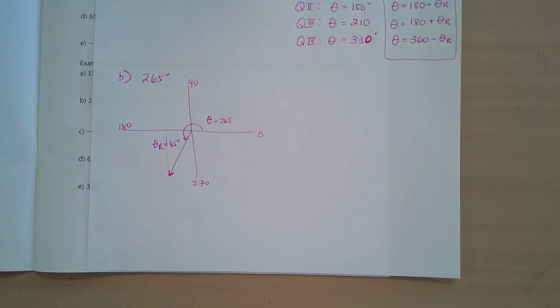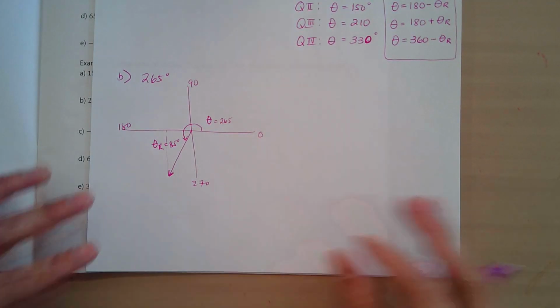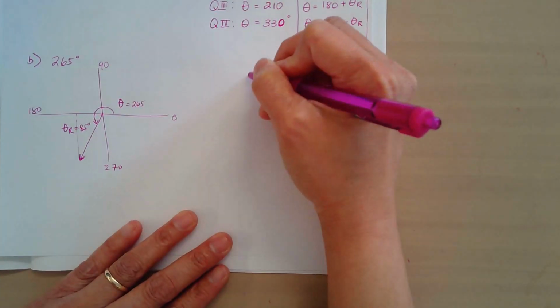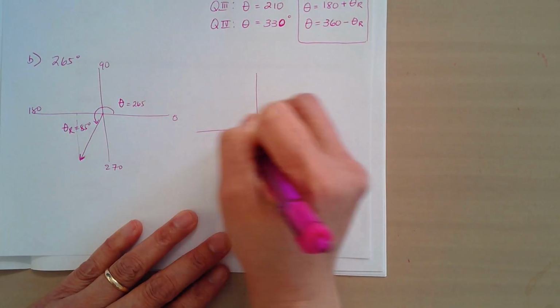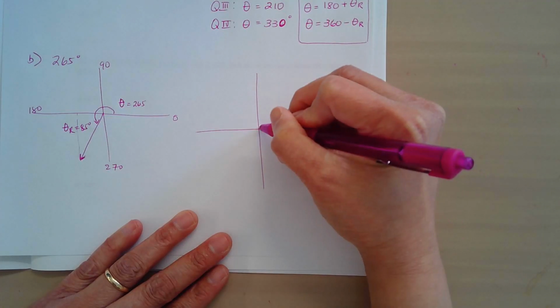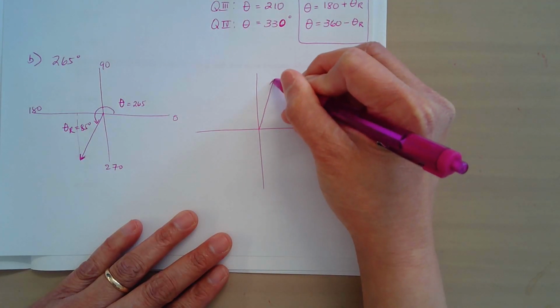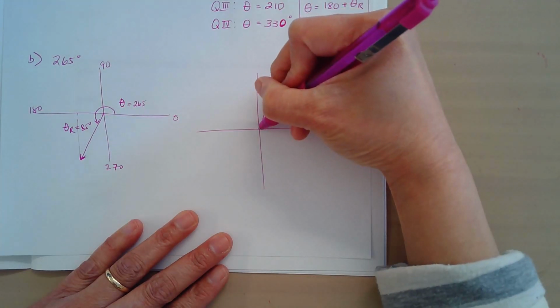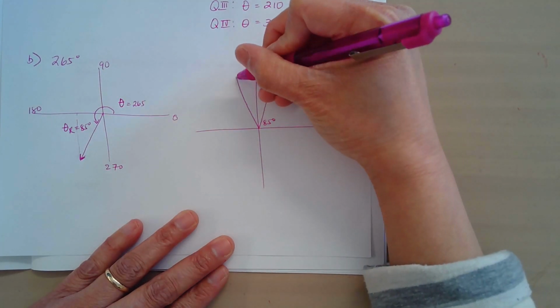So now we're looking for all angles that have a reference angle of 85 degrees. Okay. So I'm going to make it look like 85 degrees. Reference angle 85 degrees in quadrant 1.